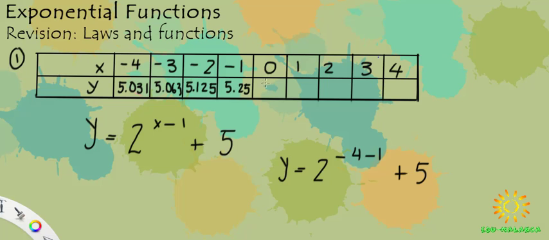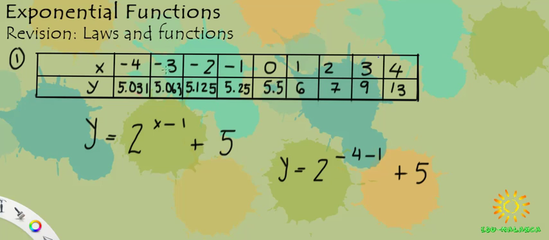When it's 0, it's 5.5. And then when your x is 1, you get y is equal to 6. When it's 2, you get y is equal to 7. When it's 3, y is equal to 9. And the last values of our domain and range that we'll solve for is when x is 4, y is equal to 13. So these are the values of x and y for this graph.